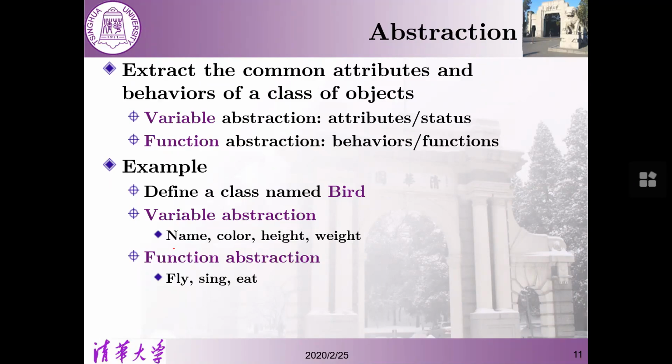For example, we can define a class named bird. There are many different types of birds in this world, but most birds can fly. So they have some function abstraction: they can fly, they can sing, and they can eat. And also they have different colors, different heights, different weights, and different names.